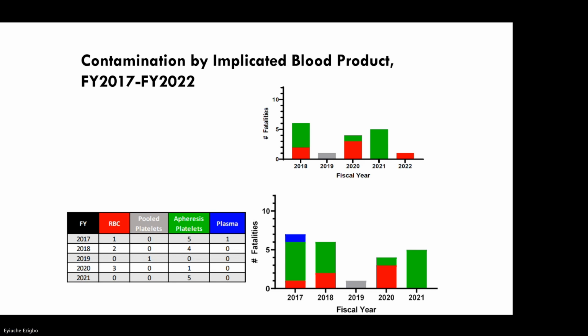Pooled platelets are no more contaminated. So as at 2022, the blood product that is mostly contaminated by microorganisms was red blood cells. So they are still being contaminated.